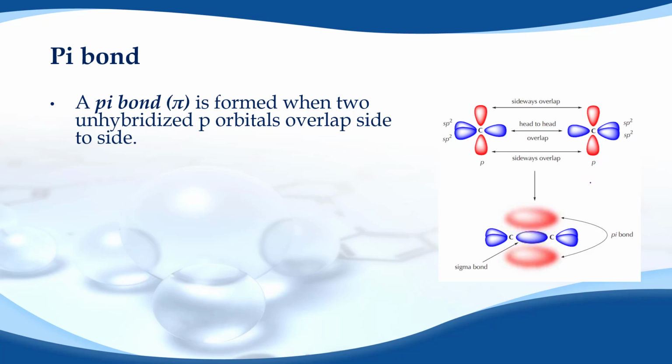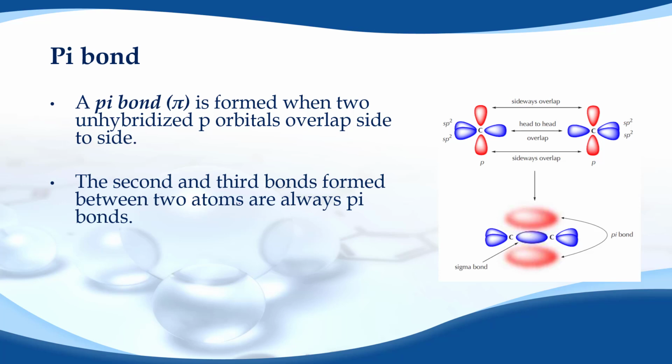As we can see in the diagram on the right, you have that p orbital pointing up and down, because remember, p's are shaped like dumbbells. If they get close enough to touch side to side, they'll overlap that way and form what we have down bottom, which is that little band on the top and on the bottom. That is our pi bond.